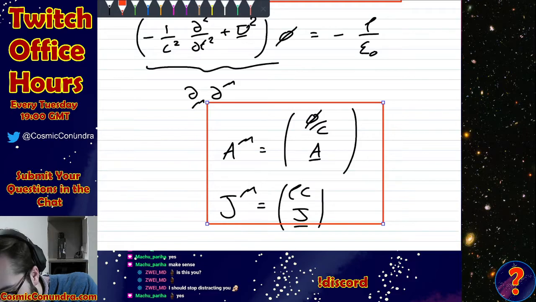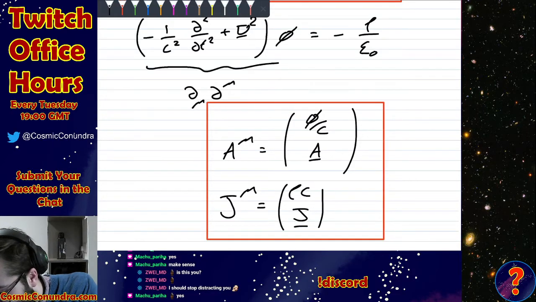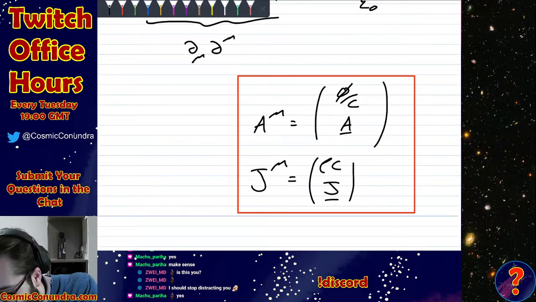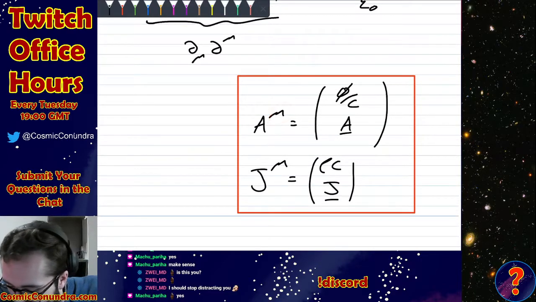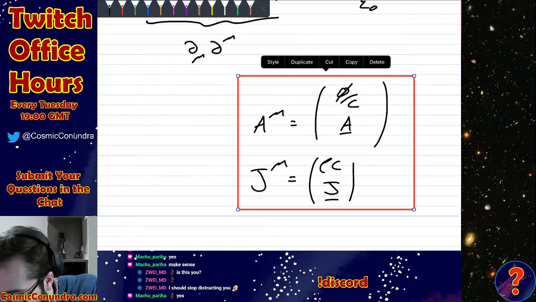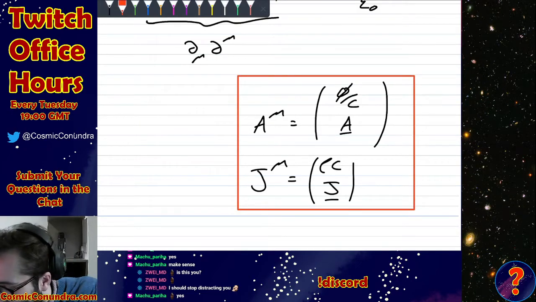And like I say, really what I should do is prove that these things are 4 vectors. The fact I've given them this nice label here with a mu carries a lot of weight. What this mu means is this thing is a 4 vector.